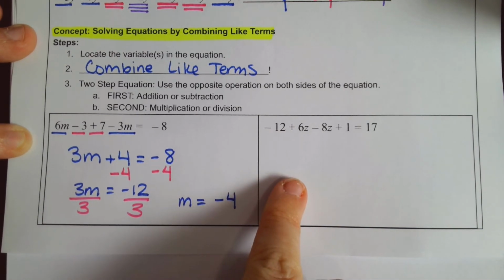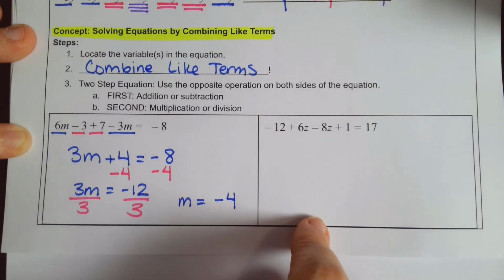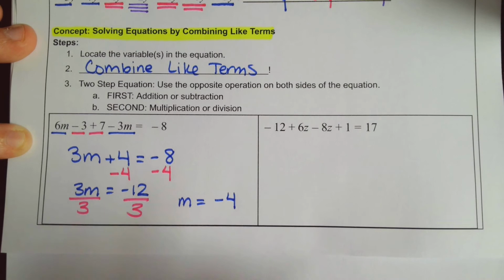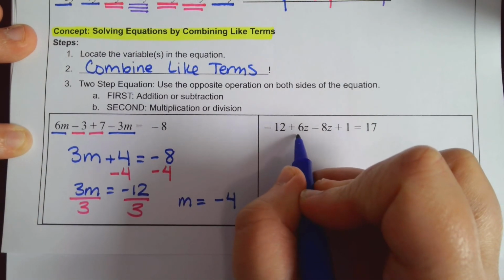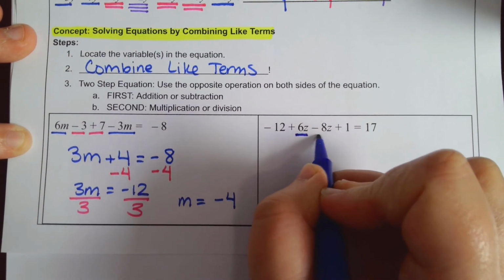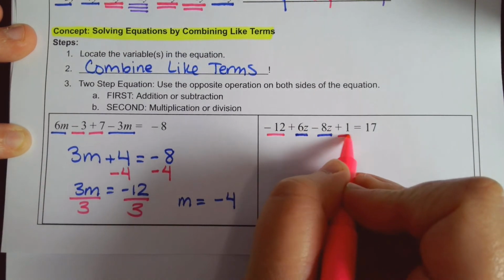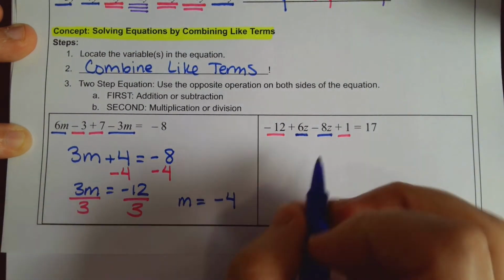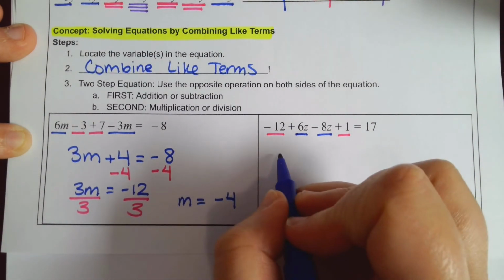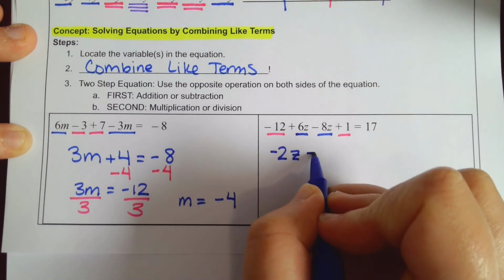All right, last one for this page. Negative 12 plus 6z minus 8z plus 1 is equal to 17. So I like to match up my variables first, and then my numbers. So 6z minus 8z is minus 2z.